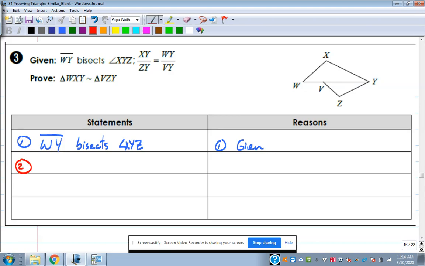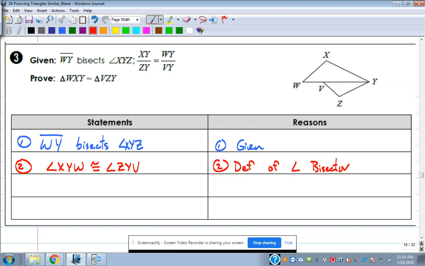What two equal angles? Angle XYW is congruent to angle ZYV. What's the reason for that? Yeah, good job. Definition of an angle bisector.